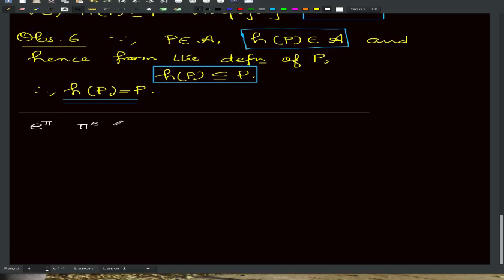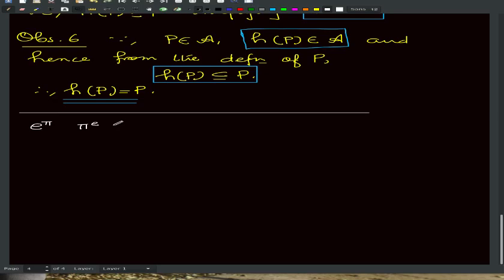So it is a tough question. That's why I said we are now entering deeper waters, and for the first time you are going to see things which are very, very deep and difficult, but the key principle is Schroeder-Bernstein.